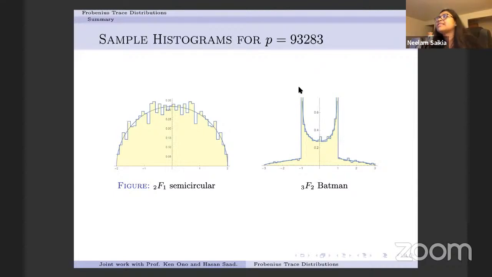I think it is related to some modification of the Weierstrass normal form of an elliptic curve, with some special value, for which the traces of Frobenius are represented by those Gaussian hypergeometric functions.